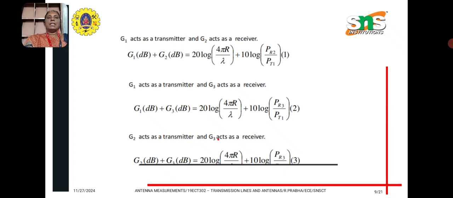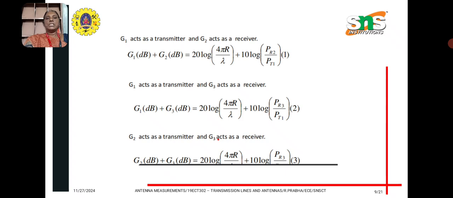But when G1 acts as a transmitter and G3 acts as a receiver, then G1 in decibels plus G3 in decibels is equal to 20 log 4 pi r by lambda plus 10 log PR3 by P1. This is equation number 2.